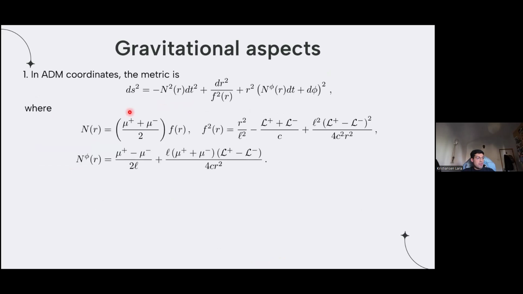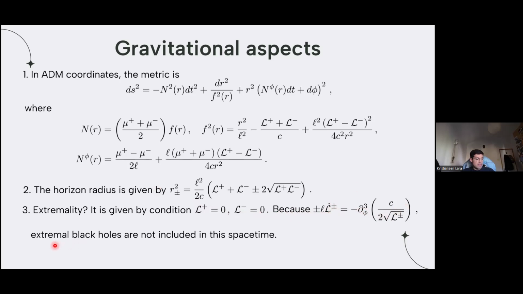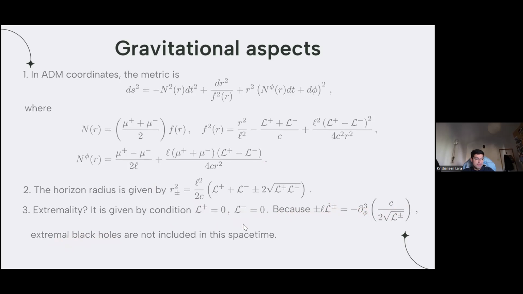So we have the following metric, and the horizon radius is given by this expression that you can see here. So what about extremality? Well, extremality will be given when this vanishes, and this vanishes when L plus minus is equal to 0. Nonetheless, because the mathcal L fulfills the Dim equation, then extremal black holes will not be included within this spacetime.